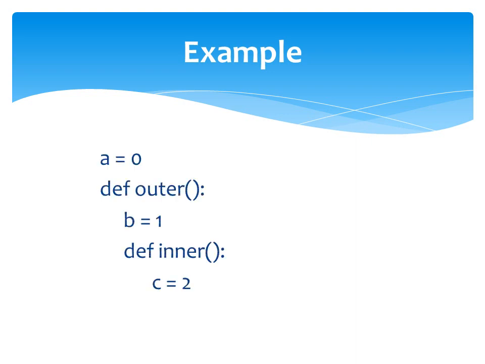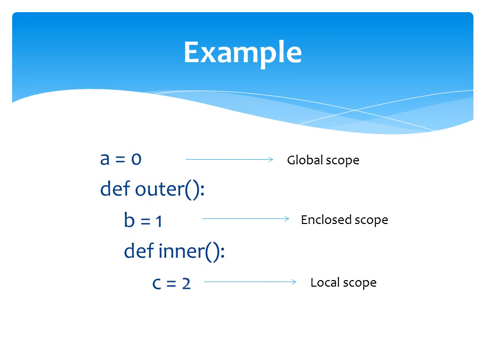Let us see an example. Here you have defined three variables, a equal to 0, b equal to 1 and c equal to 2. Here a is a global variable because it is not inside any function, so it is visible for all the functions you have defined in the program. Then you have a function called outer and it contains a variable called b.